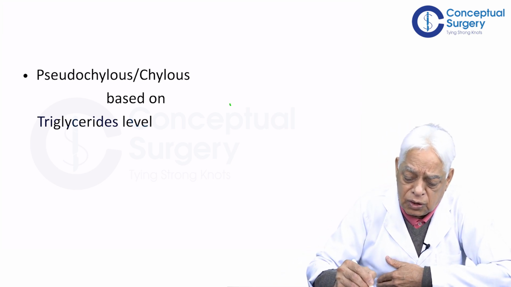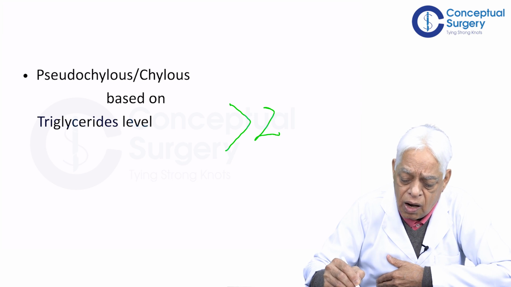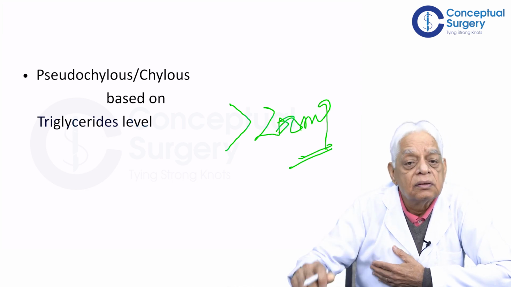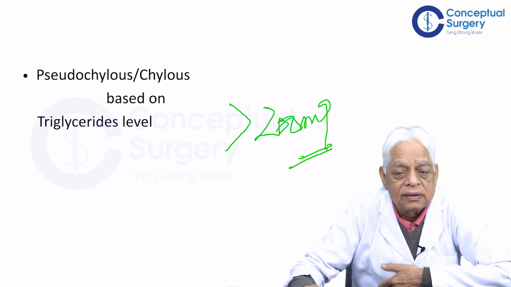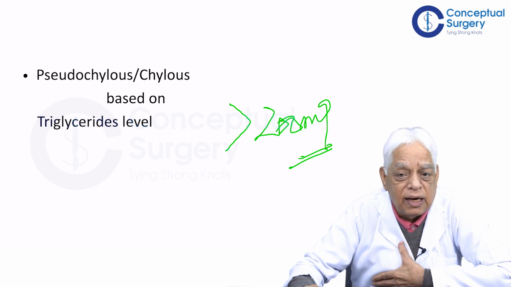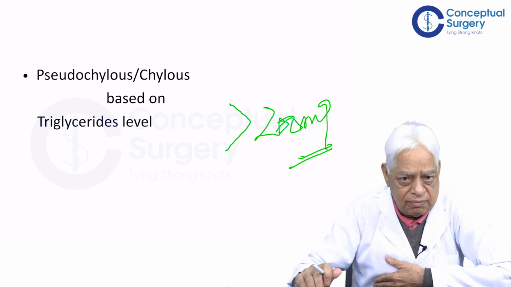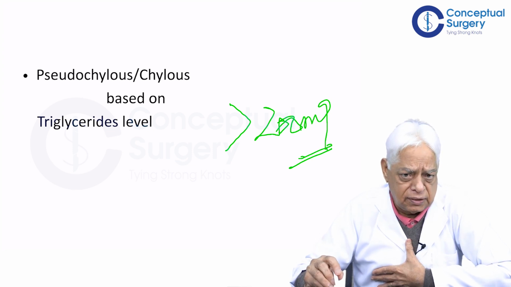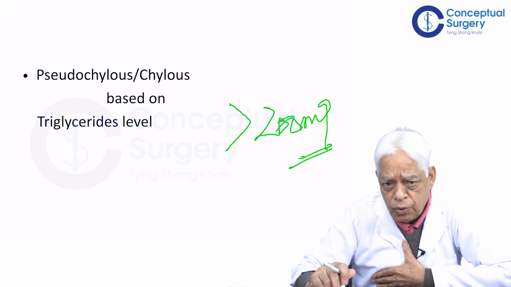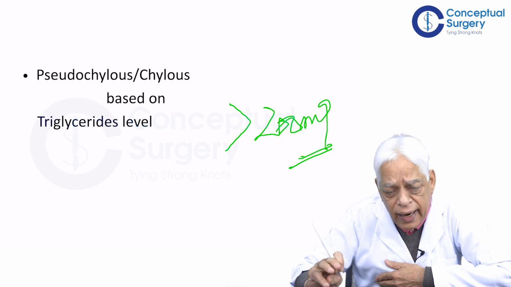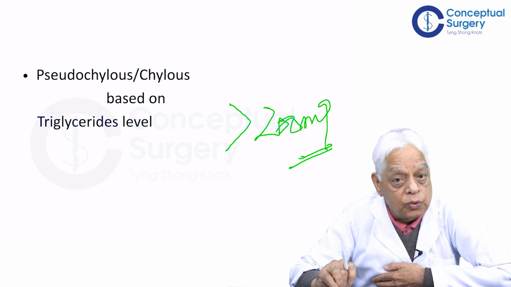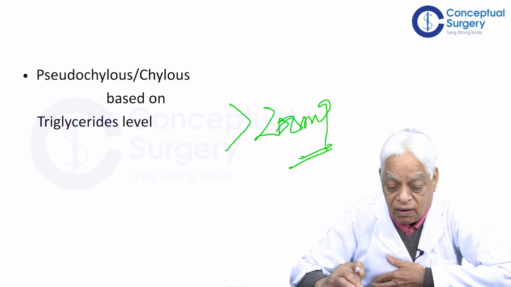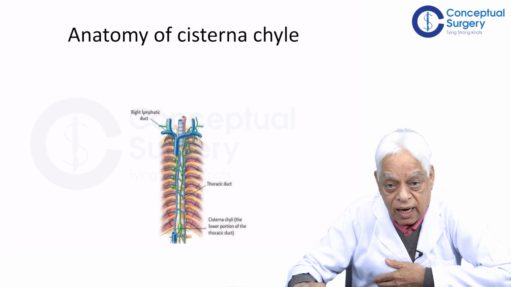If it is more than 200 milligram, it is Chylous ascites. If it is less than 200 milligram%, it could be anything. In addition to triglycerides, the protein content is also higher. That's how you label whether you are dealing with a Chylous or a non-Chylous ascites.